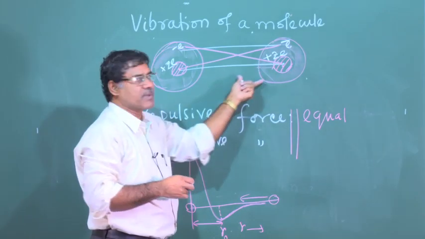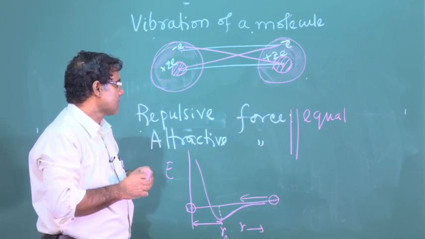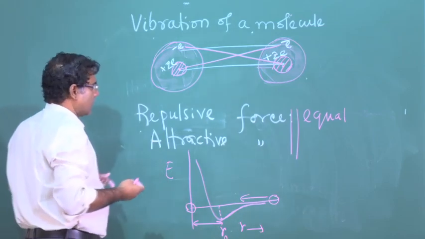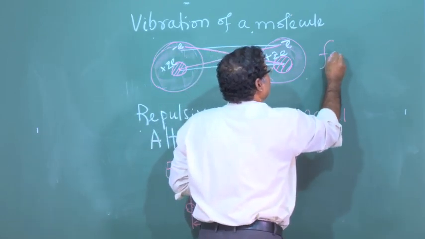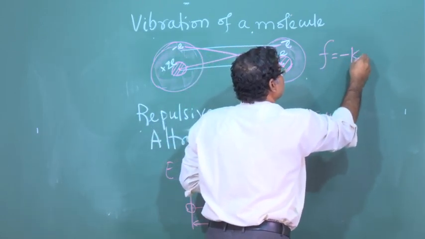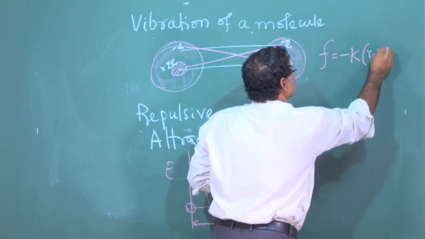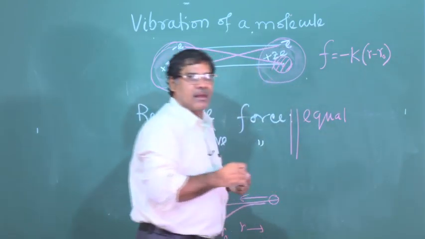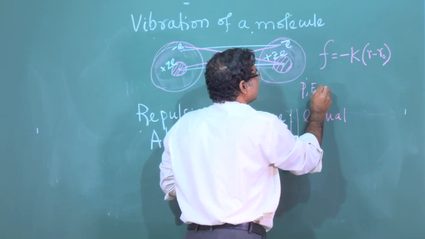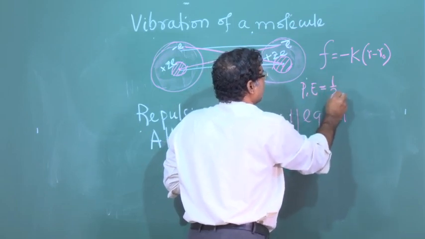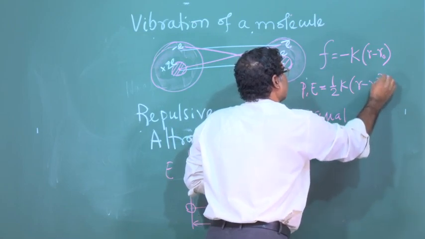If you compare with a spring mass system, the force you can write as F equal to minus K (r minus r0), and the corresponding potential energy is half K (r minus r0) squared.